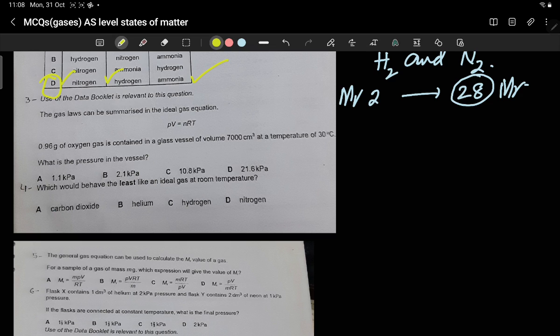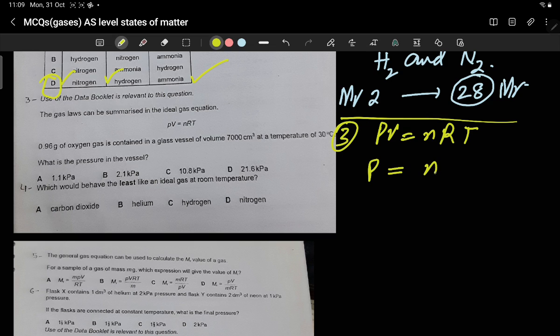We know that PV equals nRT, and modifying this equation to calculate pressure, P is equal to nRT over V.